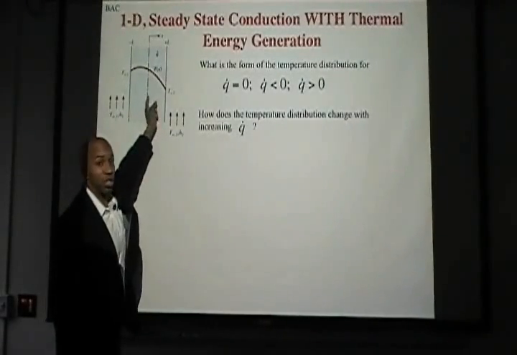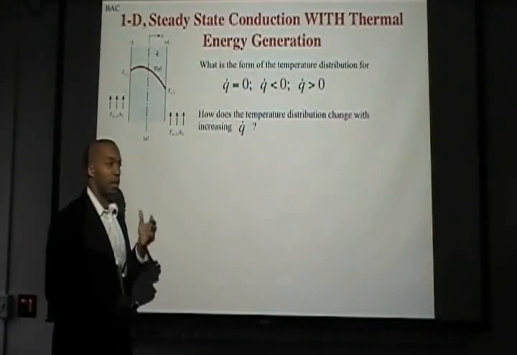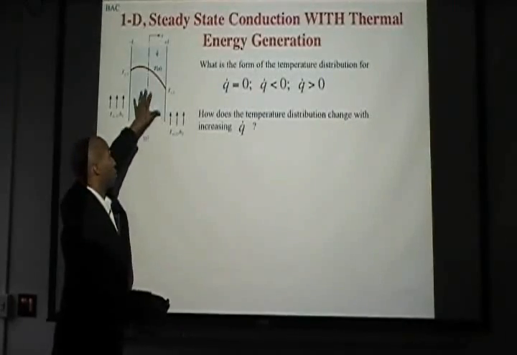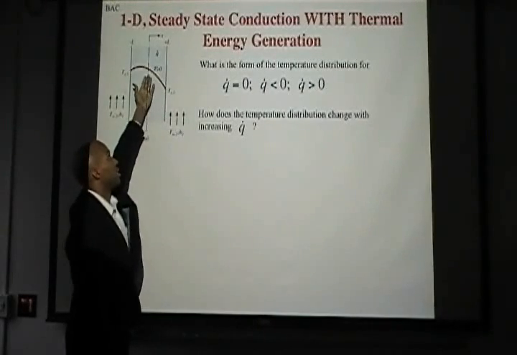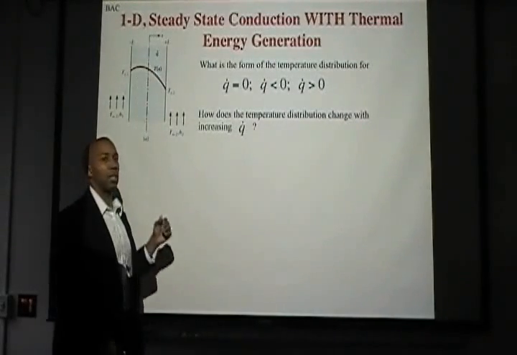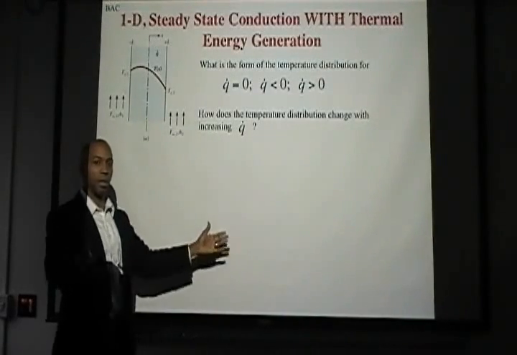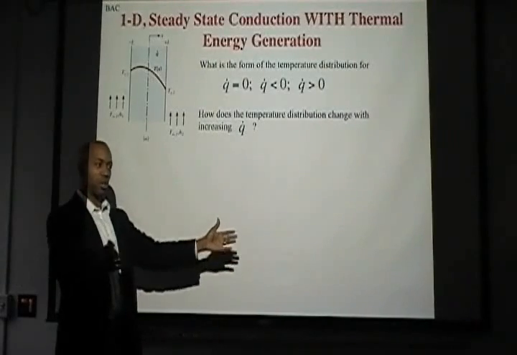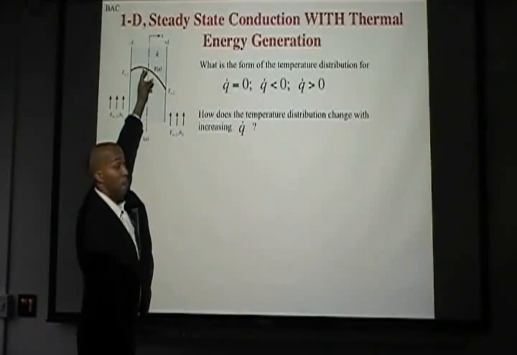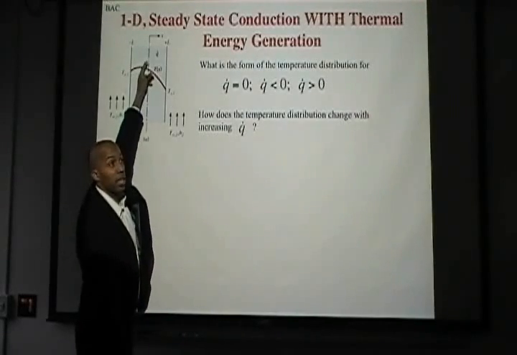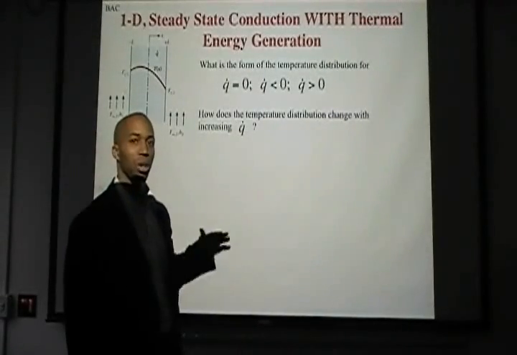But if we're putting more energy into this wall uniformly, then we should have a good feel that this parabola will start to become steeper. So instead of being wide, it's going to collapse, and the center point or the maximum point will increase over what it is at a lower q dot.